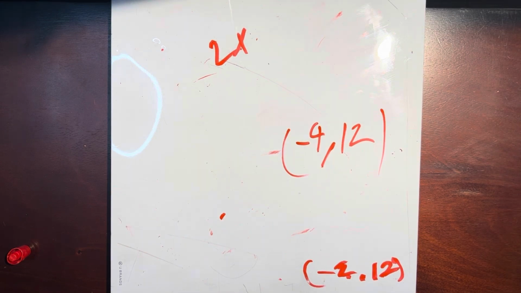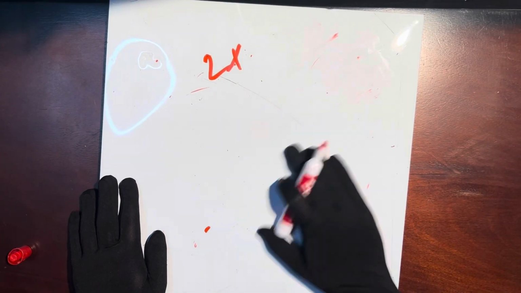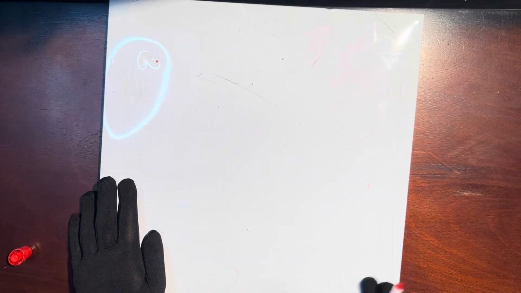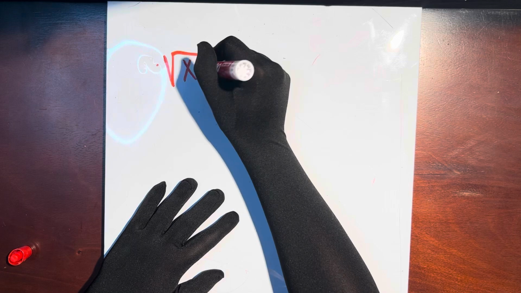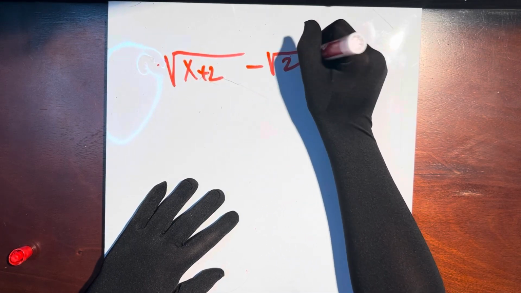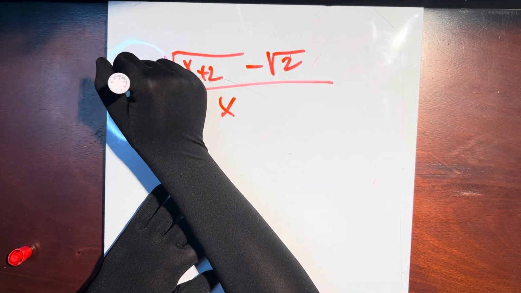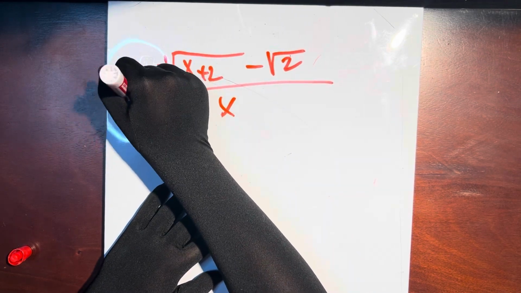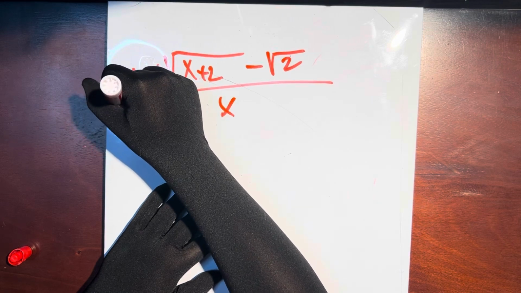Next, find the limit algebraically. Take your problem, the square root of x plus 2 minus the square root of 2, over x, and your limit is x to 0.